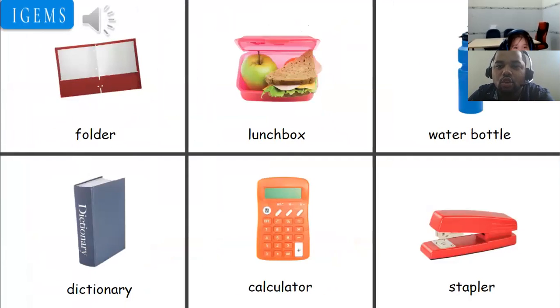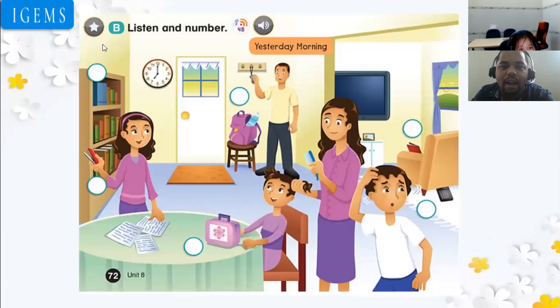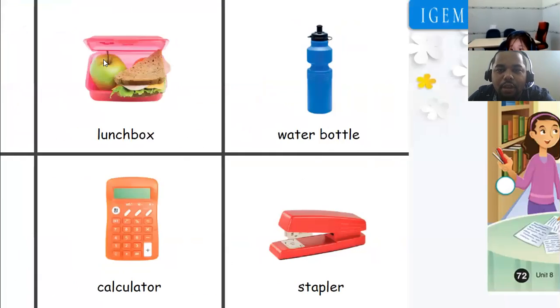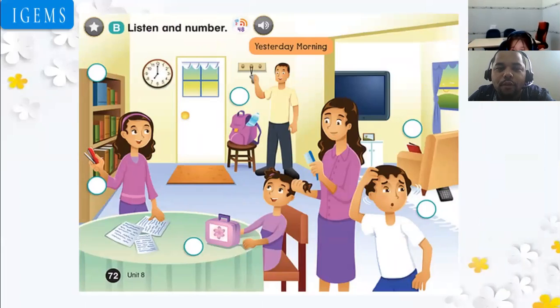We have some of these objects: the folder, lunchbox, water bottle, dictionary, calculator. You're going to tell me the number of the person who has or is looking for one of these things.